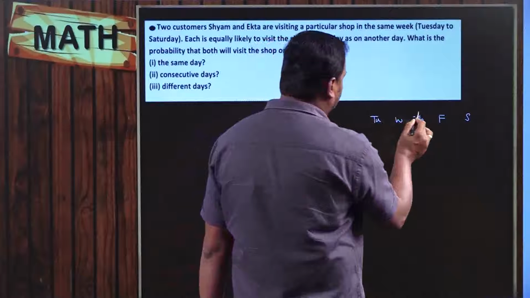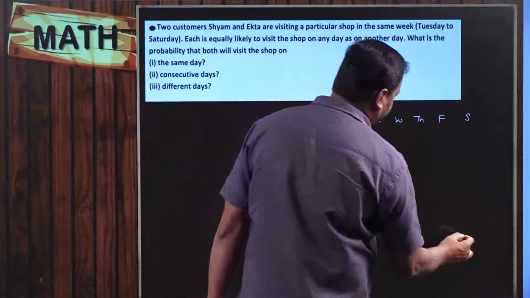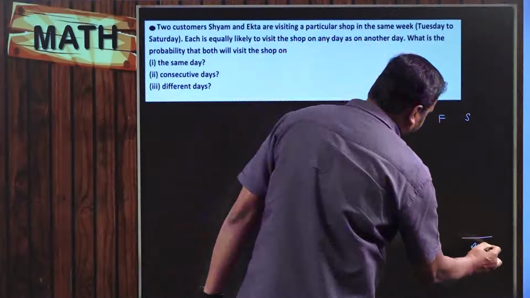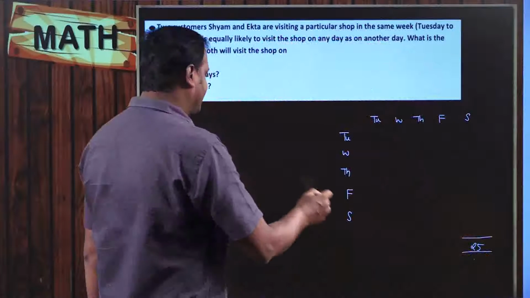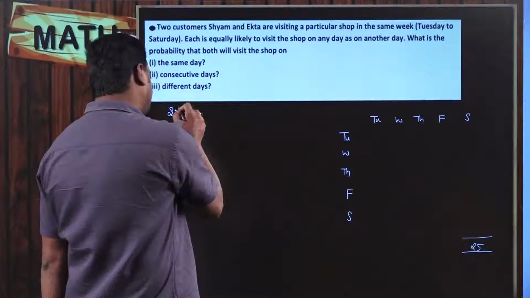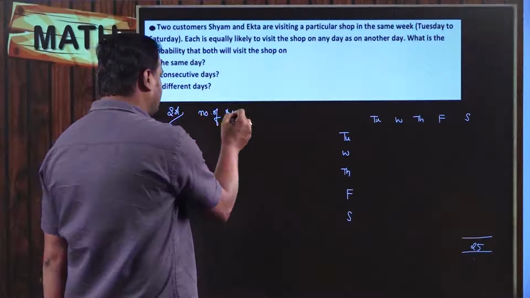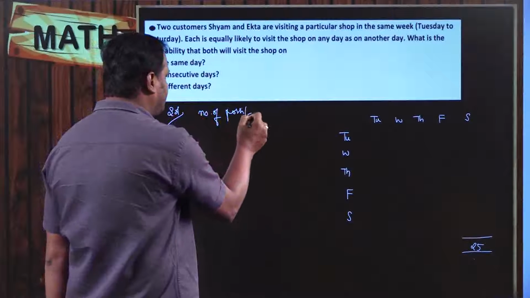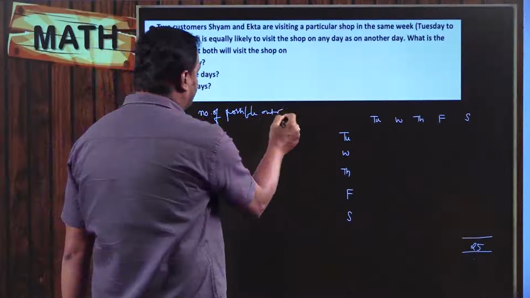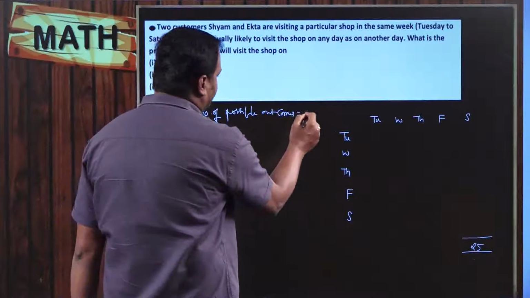See, these are 1, 2, 3, 4, 5. 5 times 5 is equal to totally 25 number of outcomes. I am going to write the number of possible outcomes. Number of possible outcomes is equal to 25.